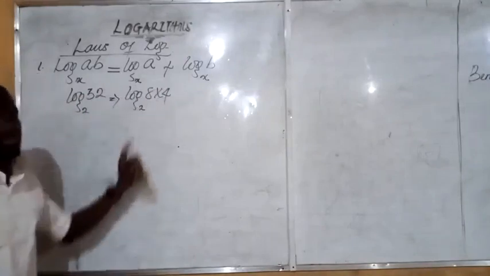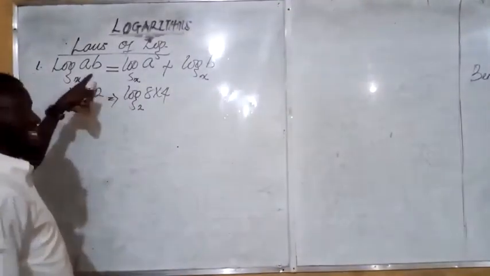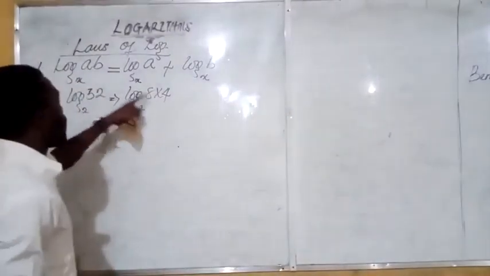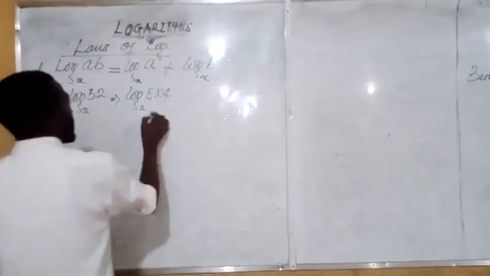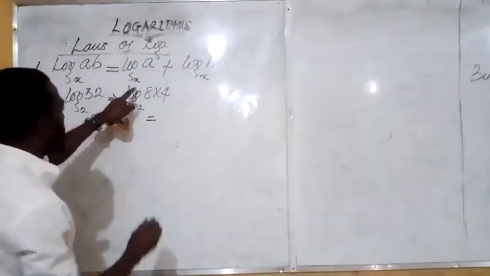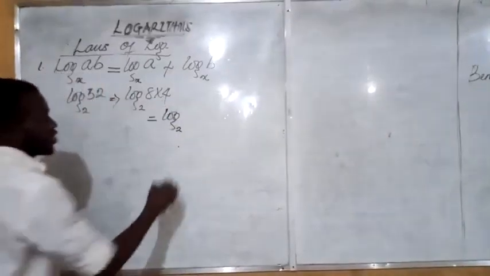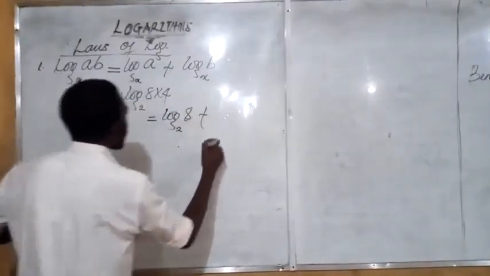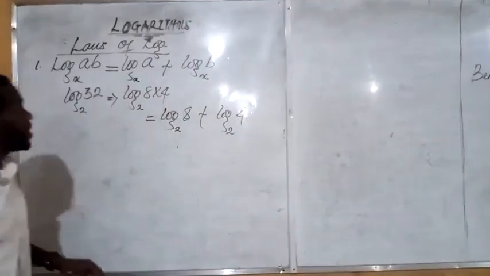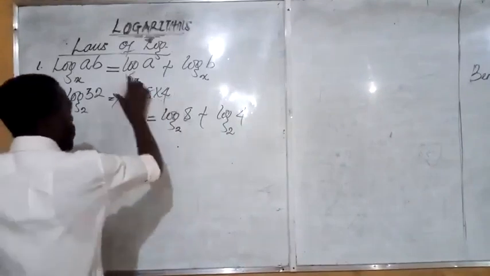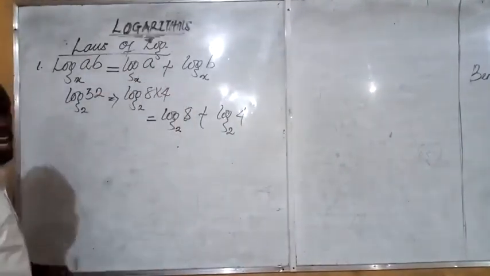So let's use it in this form, 8 standing for A and 4 standing for B. Now, I am going to have that the log to the base of 2 will be split for both expressions, log to the base of 2 of 8 plus log to the base of 2 of 4. Now, does this make sense? I just split this log and base for the expression of A and B, this expression of 8 and 4.